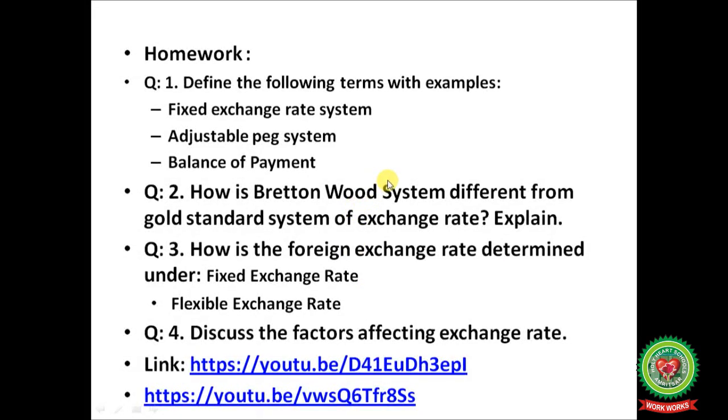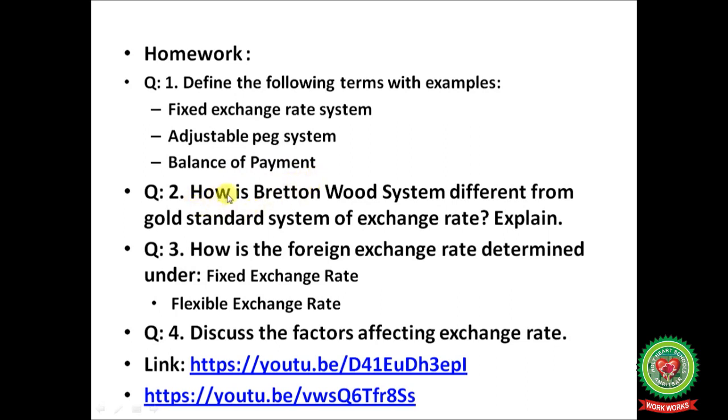Students, hope you have understood the topic of managed floating and fixed and flexible exchange rate. Now it's time to note down the homework. Question number 1 is define the following terms with examples: fixed exchange rate system, adjustable peg system, balance of payment.